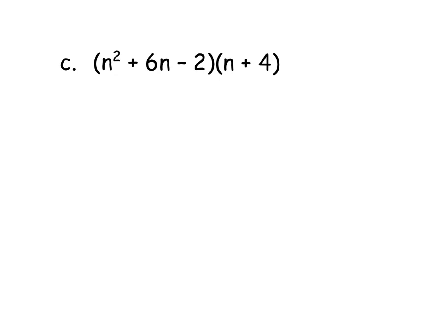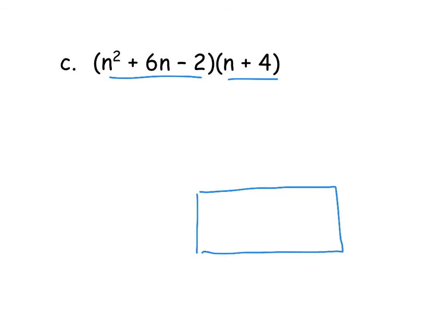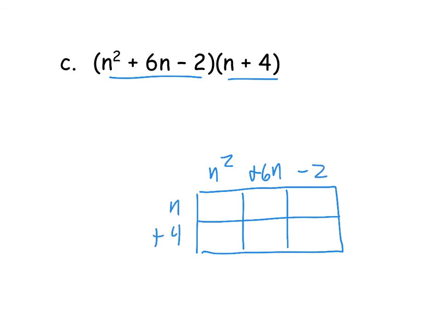Okay, let's go down here. Now we're multiplying 3 terms, a trinomial times a binomial. I think you guys are used to the box method, so I'm going to set up the box method to do this, and then we'll kind of go from there. There are 3 terms, an n squared plus 6n minus 2 times n plus the 4 here. So filling in this box, first of all, the n times the n squared, that's going to give me n cubed.